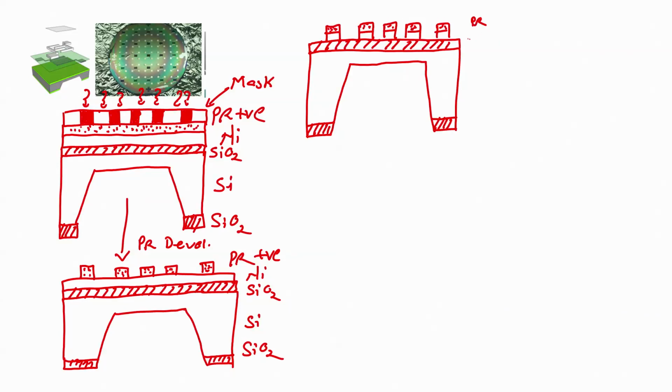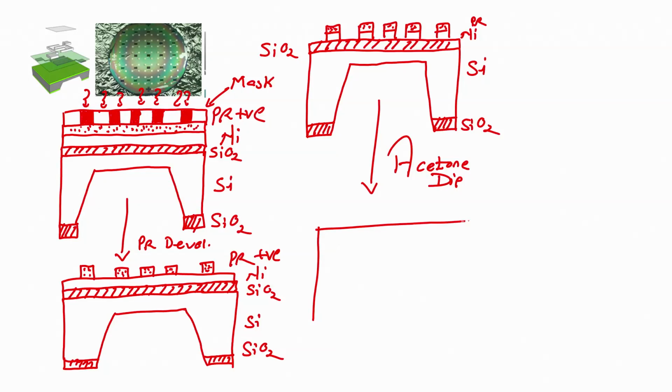So, this is photoresist, this is nickel, then we have silicon dioxide, then we have silicon, then we have silicon dioxide. After etching nickel, next step would be acetone dip or stripping of photoresist. When we strip off the photoresist, what we will have?